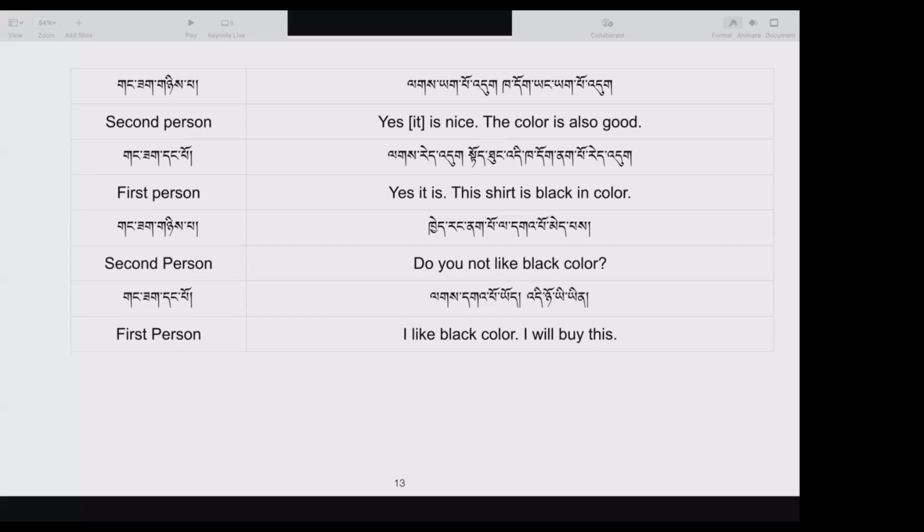So, do you not like black color? Some people don't like black clothes. La. I like black color. I will buy this. Okay, so here we see that the color black, though it's a color and normally it would be a naming word, is used here as a descriptive word to describe the color of the shirt.